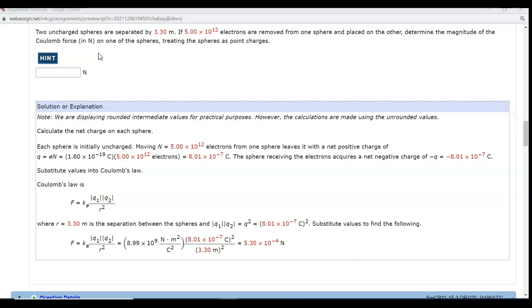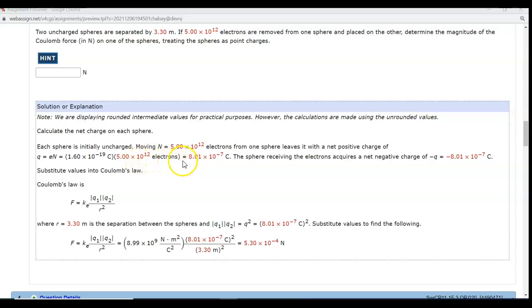When we move n equals 5 times 10 to the 12th electrons from one sphere, it leaves it with a net positive charge, and we can calculate it using e and n. E is 1.6 times 10 to the negative 19th, and n was given at 5 times 10 to the 12th.